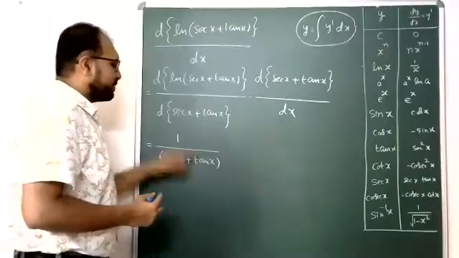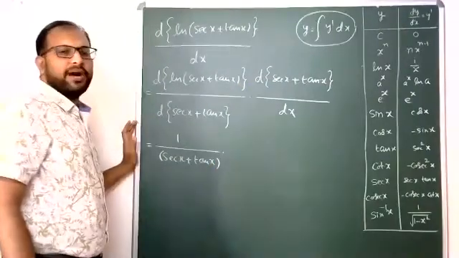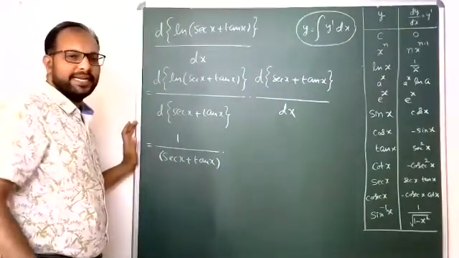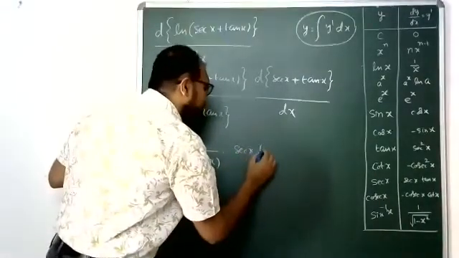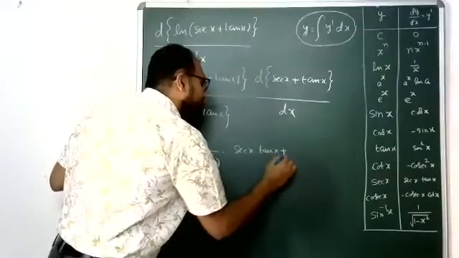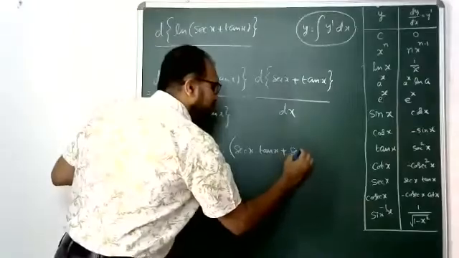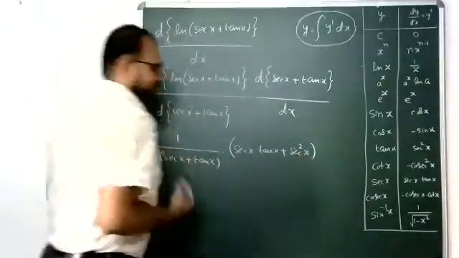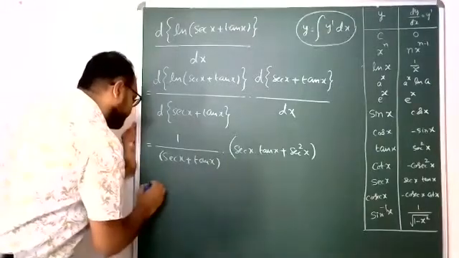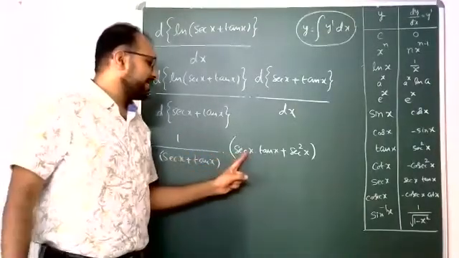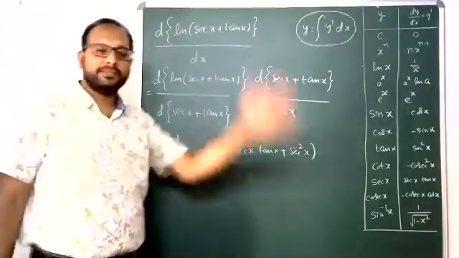1 by secant x plus tan x into, students, what is now the derivative of secant x? Derivative, not integration, derivative. Secant x tan x plus, what is the derivative of tan x? Secant square x. Chain rule I am using. Now in the numerator, secant x tan x plus secant square x. Secant x I am taking common.